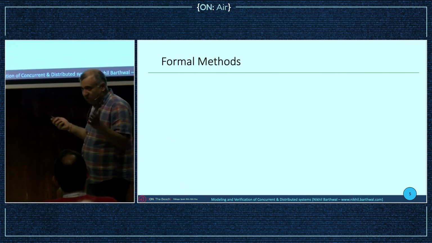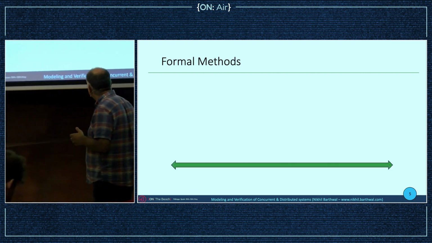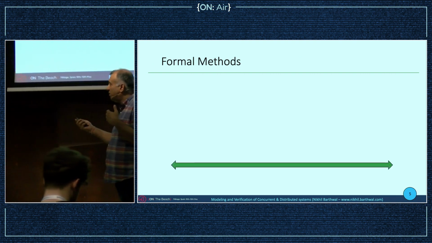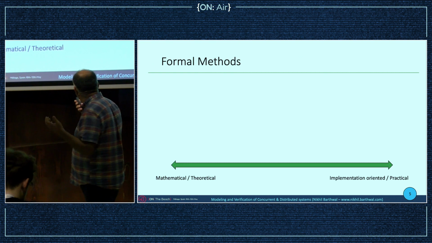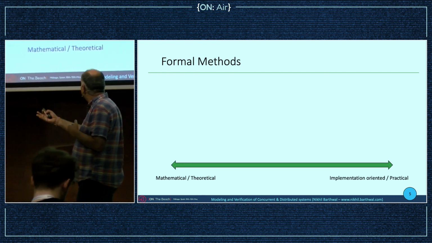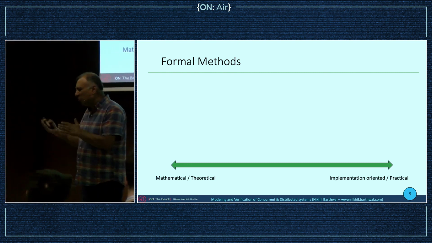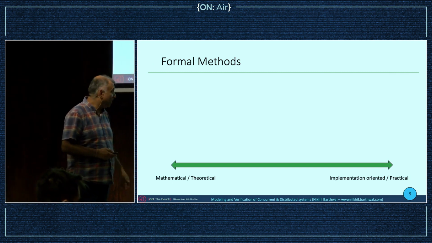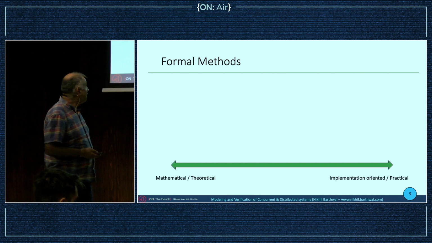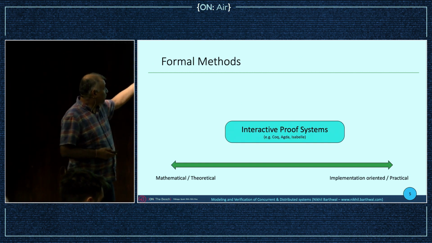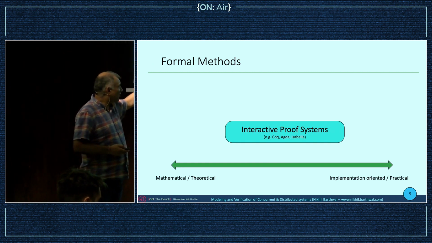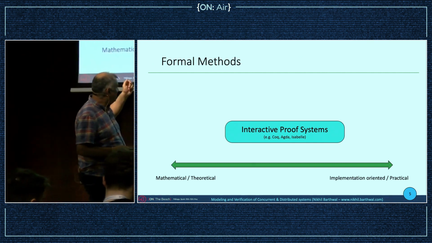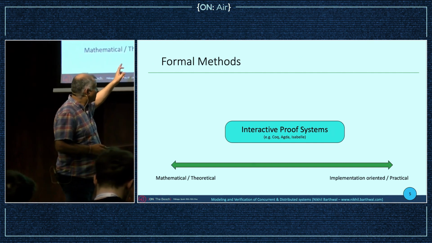Now, there are a whole bunch of formal methods that exist, and I would see these formal methods as a spectrum. At one end, they're more mathematical and theoretical, probably more useful to academics, and on the other end, I have practical or implementation-oriented methods. So, interactive proof systems, Coq, Isabelle. I've used Coq a while ago when I was a student in France.